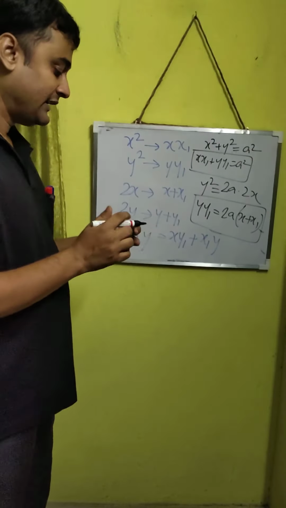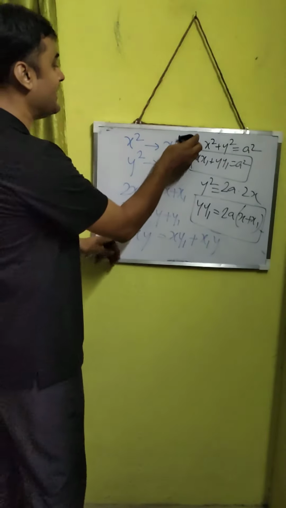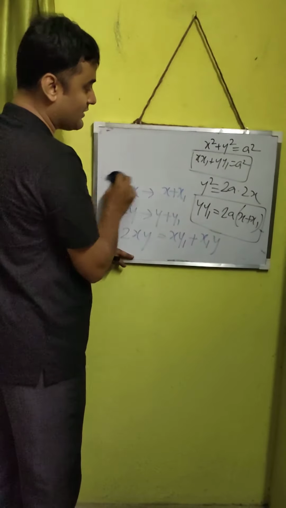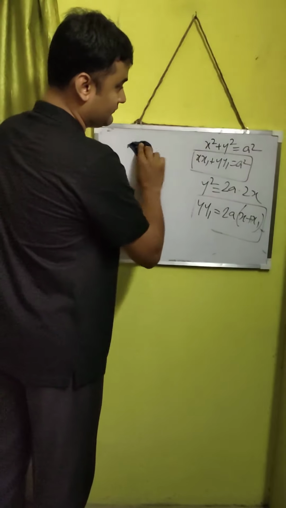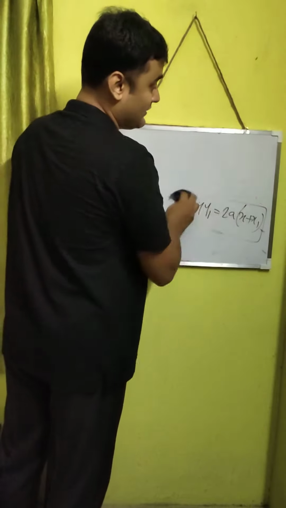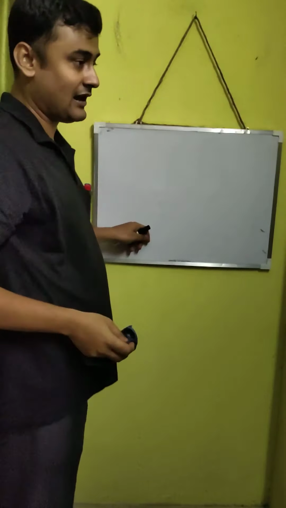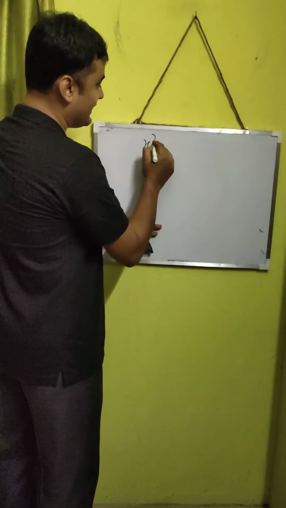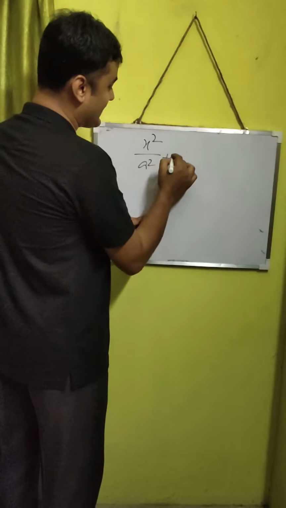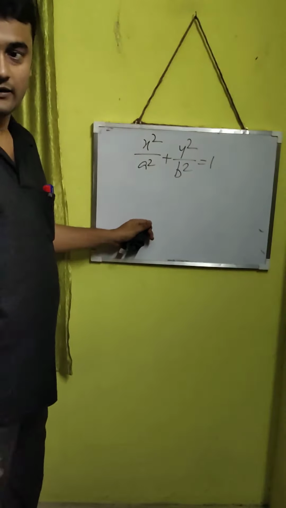Okay, so can you tell me what will be the equation of a tangent to the standard ellipse at a particular point x1 y1? It's very easy. Without actually calculating, can you tell me? I'm sure that you can. So the standard ellipse is written as x square by a square plus y square by b square equal to 1.